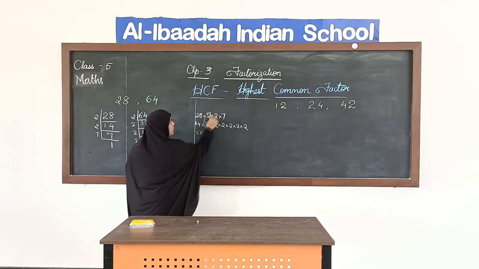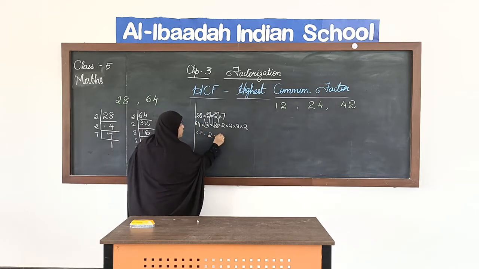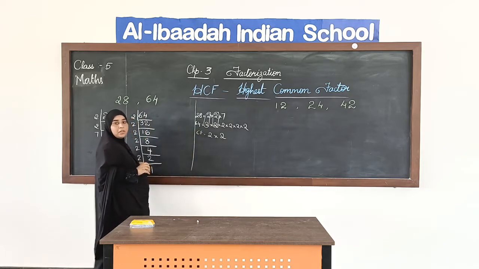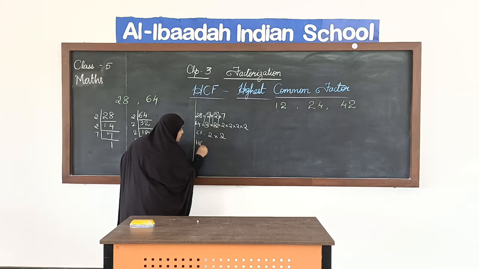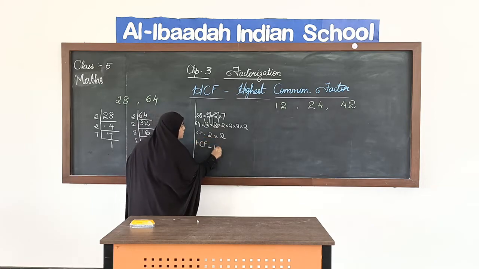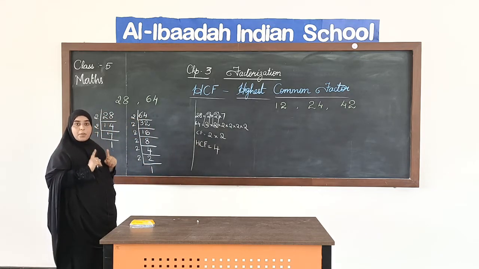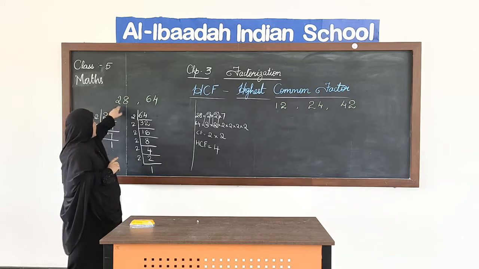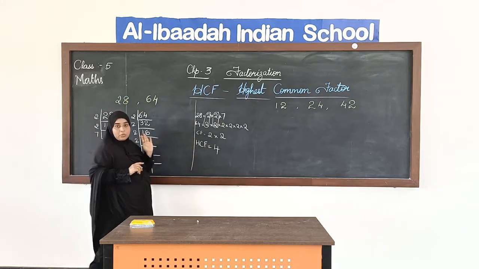This is the common one and this. Okay. So we have 2 into 2 as common factors. Okay. So highest common factor HCF is equal to 2 into 2 is 4. This is the answer. So the highest common factor for 28 and 64 is 4.